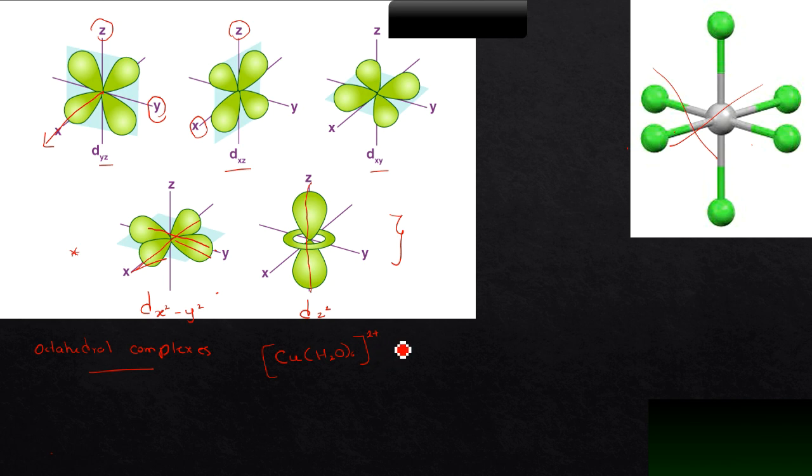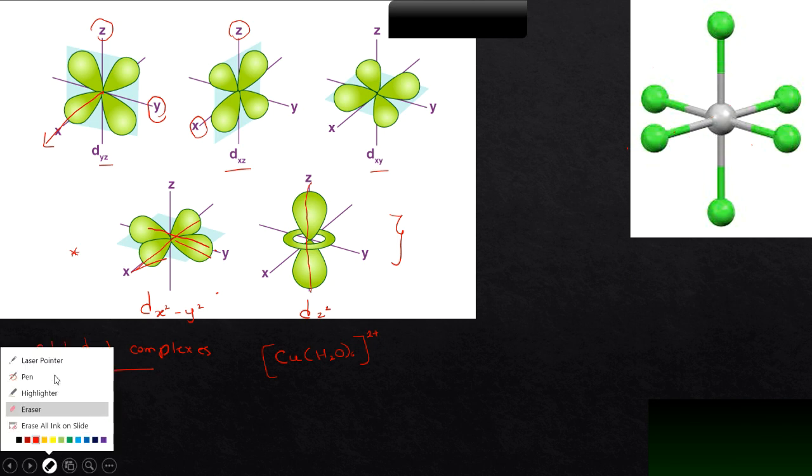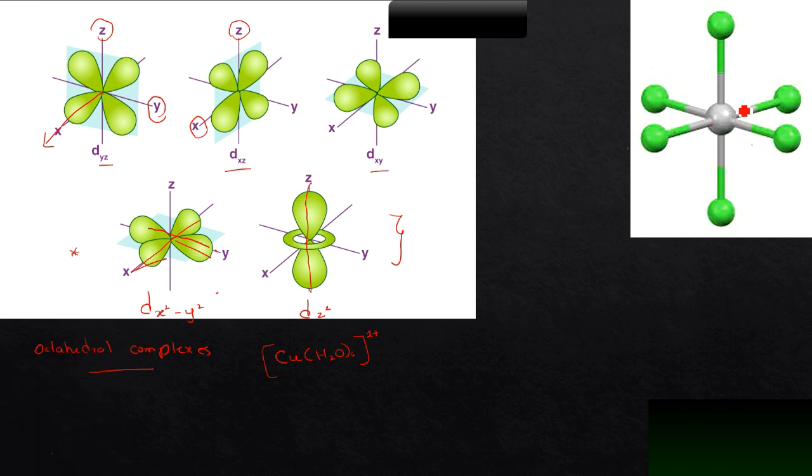In this picture, the gray color is our copper 2 plus, and the green color is H2O. When I create this complex, first I need the copper 2 plus ion. Copper 2 plus is a d block element and it has 5 d orbitals.